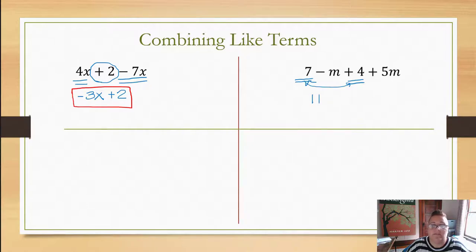With my remaining terms, I have a minus m. Now, it's worth noting that this would be a minus 1m. If there's no number in front, we can put a 1 there, and that would be like with the plus 5m. So I have a minus 1m plus 5m.